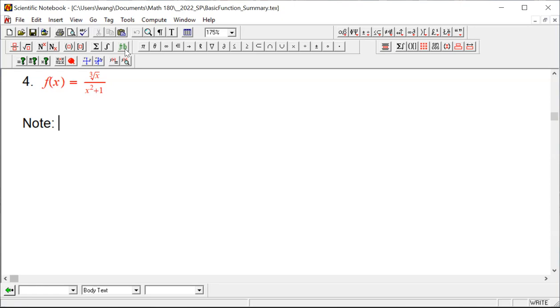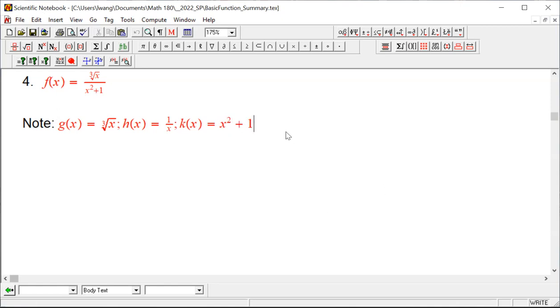I'm going to call g of x equal to the cubic root function. And my h function, I'm going to make it 1 over x, the reciprocal function. You see that function is very useful. My k function is going to be x squared plus 1.